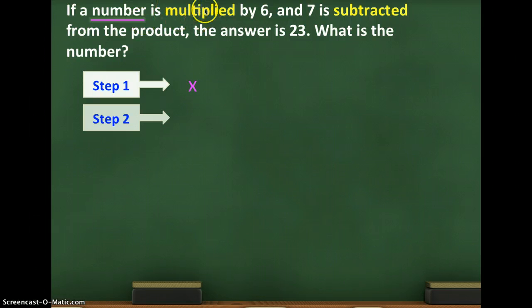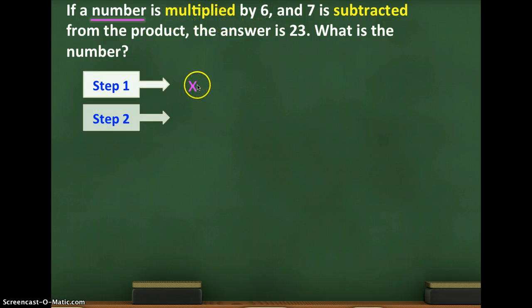It says multiplied, and multiplied is your times. And then there's also subtracted, which means minus. So you should be aware and you should know that you will be doing times and minus. Okay, and then the word from, from the product, from the answer. So looking at the first phrase, number is multiplied by 6.